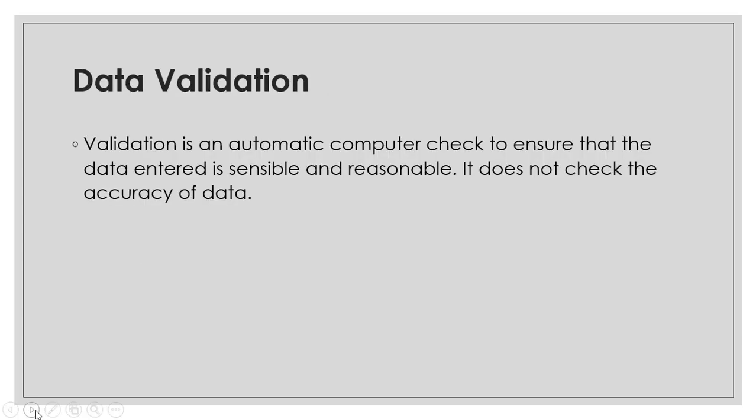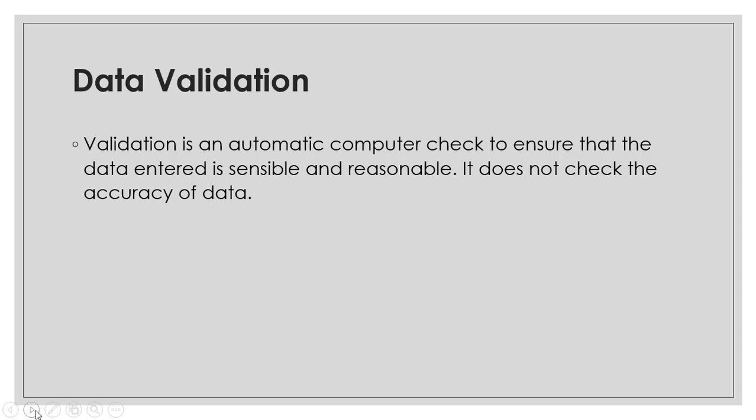Now, data validation. Sometimes we want to make sure that the data that we are entering is sensible and reasonable. For example, if I'm asking for an input of age, you can't ask the user to input alphabets or punctuation marks and so on. While it may happen that the user inputs incorrect characters or invalid numbers.